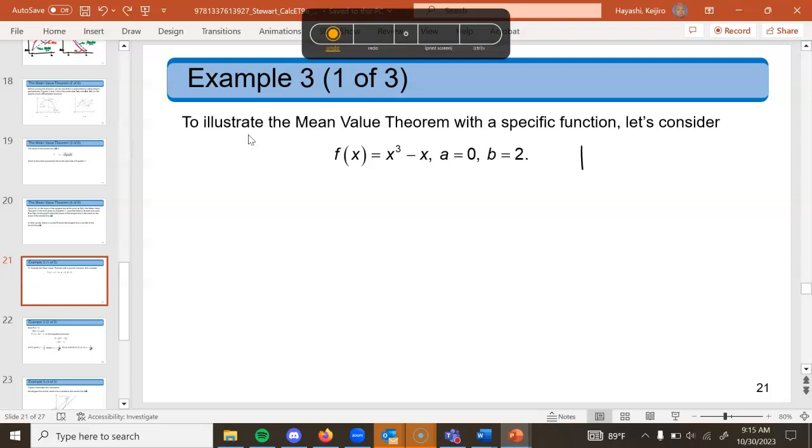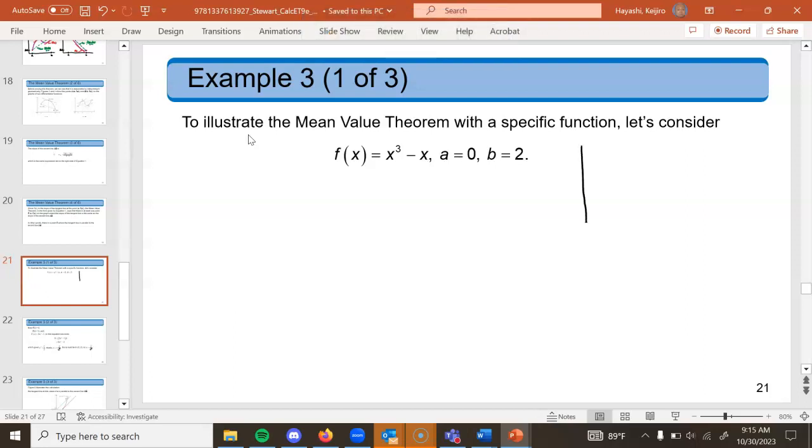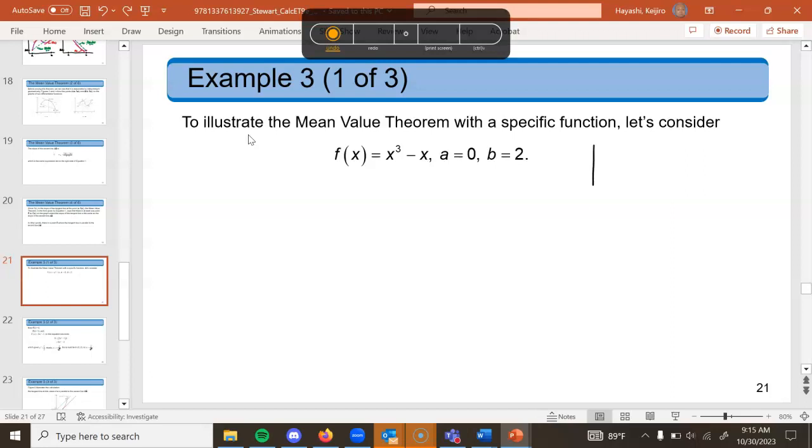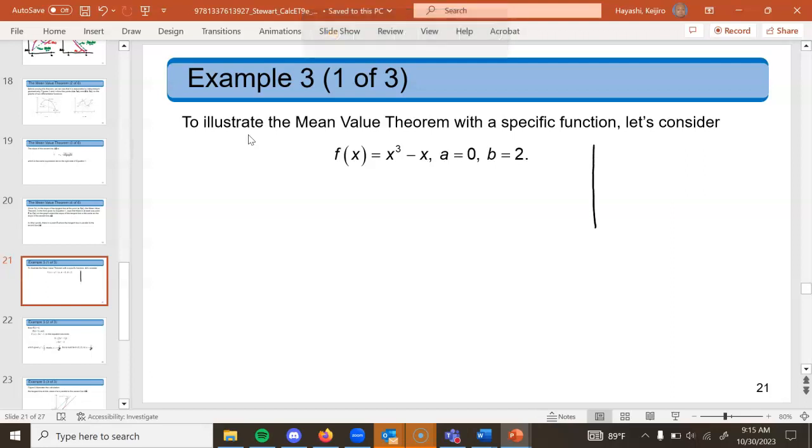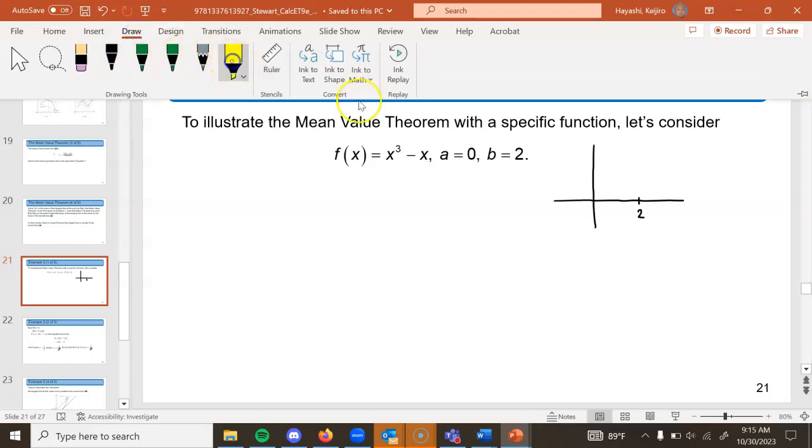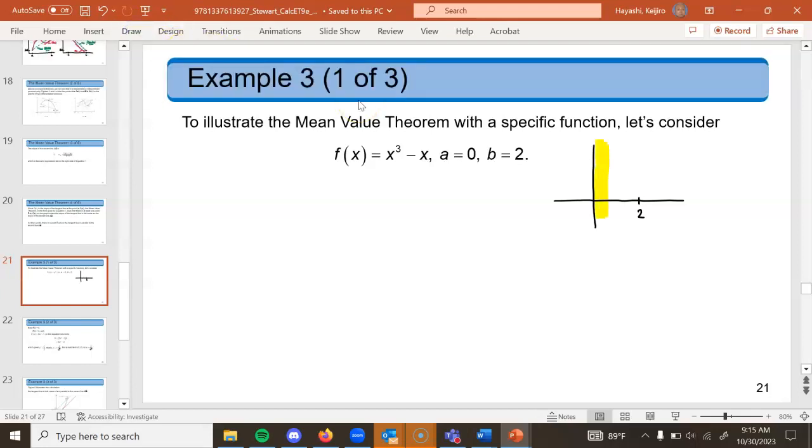So you don't have to draw a graph, but you can. So we're thinking about the interval from 0 to 2.